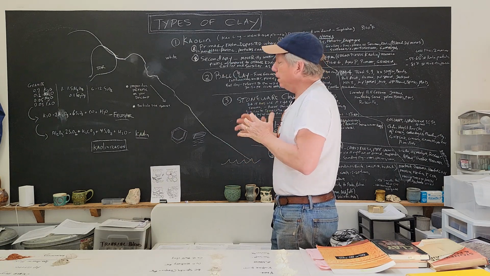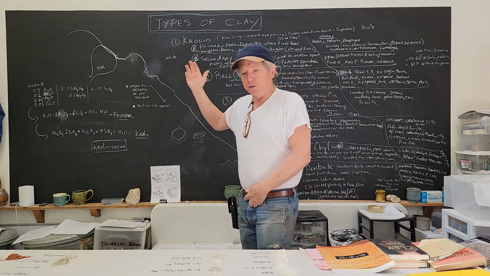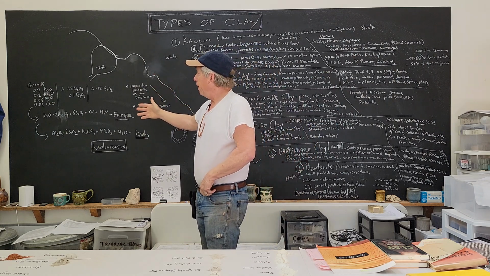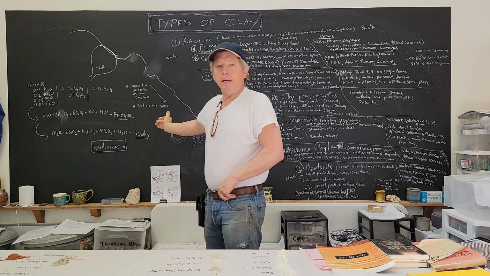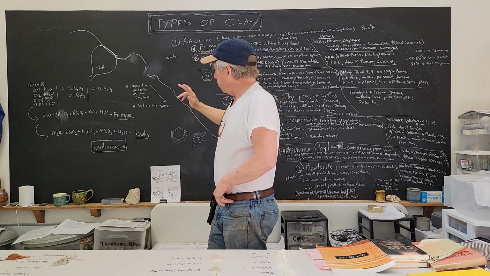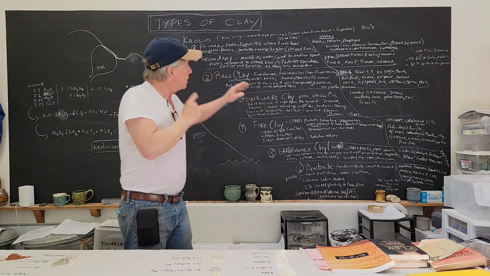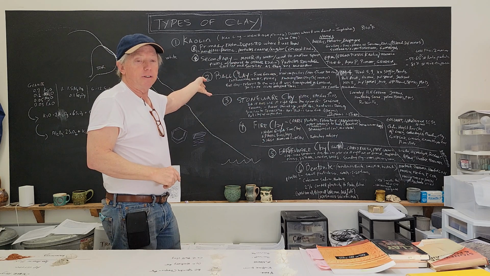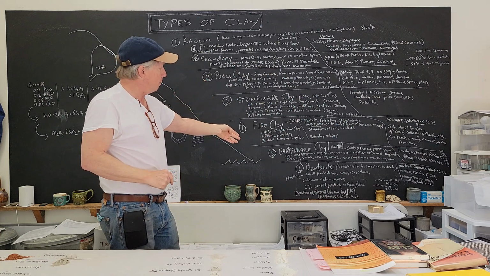All right, so I'm going to give you an overview here. What I'll do first is talk to you a little bit about how granite might become kaolin, and then I'm going to go through the types of clay. So there's kaolin, ball clay, fire clay, stoneware clay, earthenware clay, and bentonite.